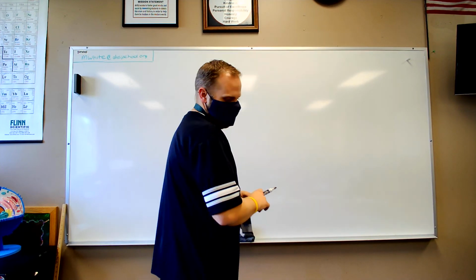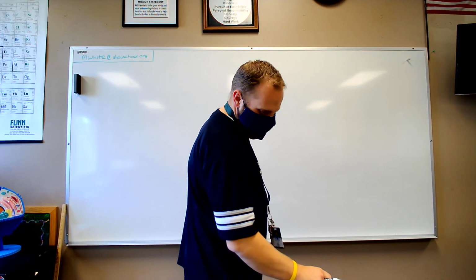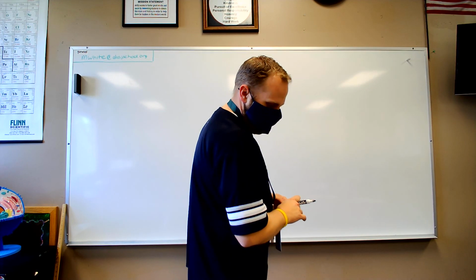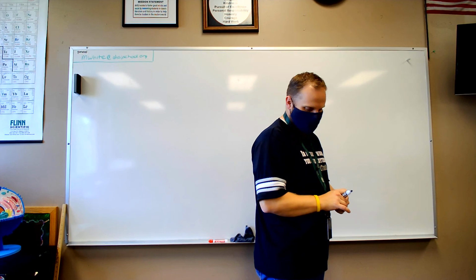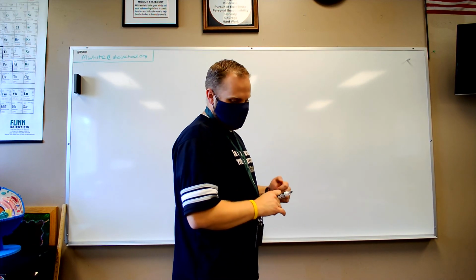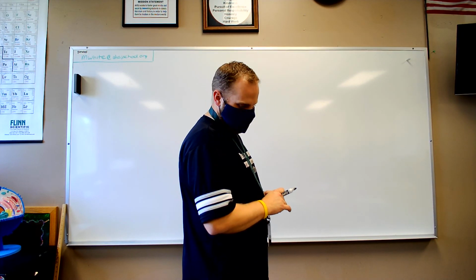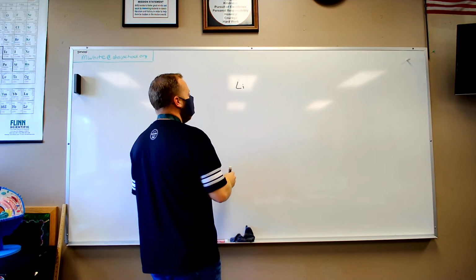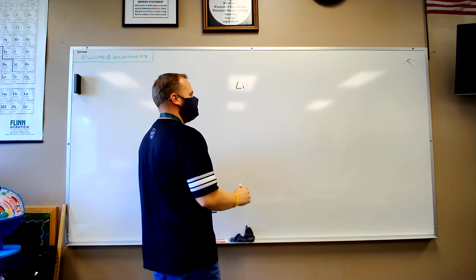Now, there is a chart on 161 that goes through from lithium to neon, and all of the electron dot structures. So we have lithium, and it puts a dot right there.